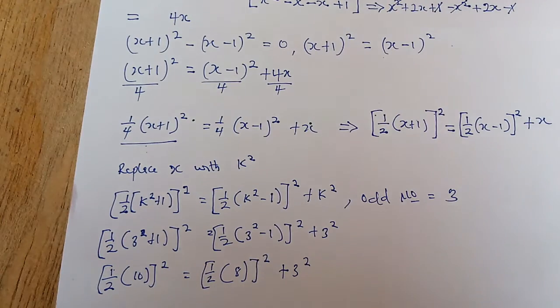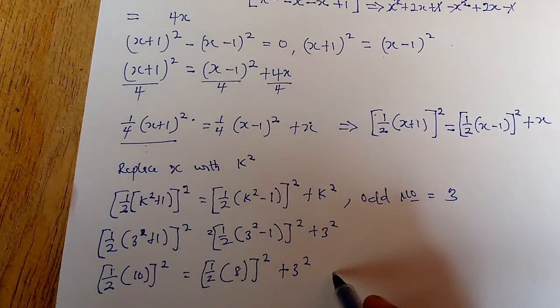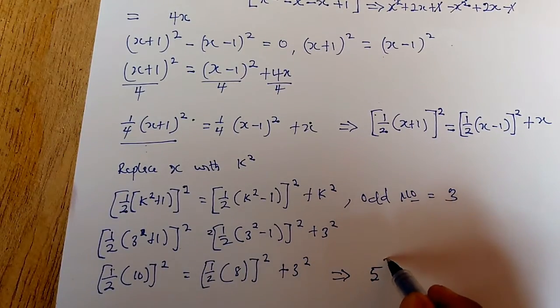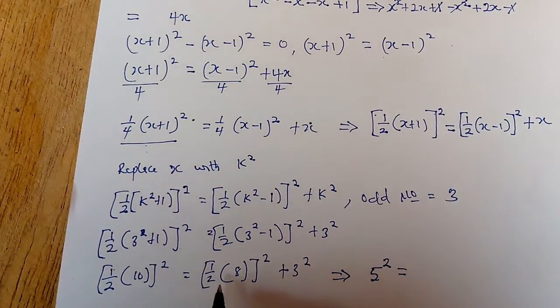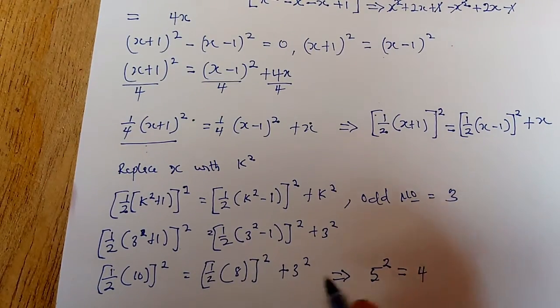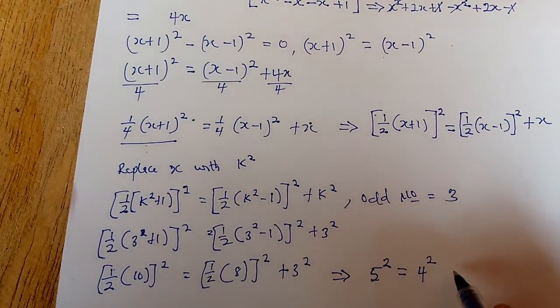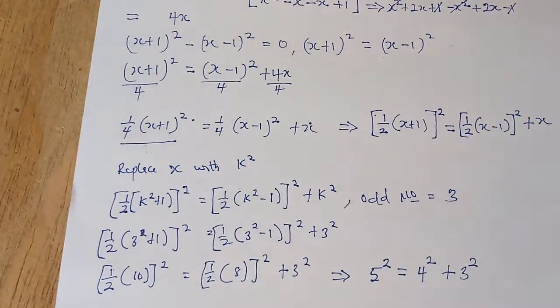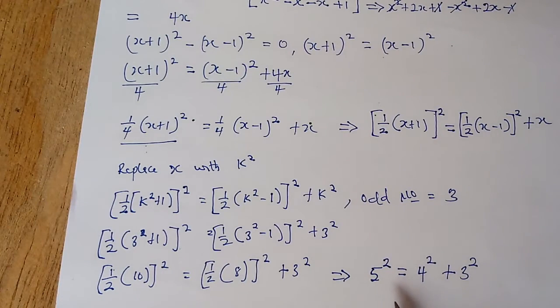Okay, so 10 divided by 2 will give me 5, so I now have 5 squared is equal to 8 divided by 2 will give me 4, so 4 squared plus 3 squared. So please, 5 squared is 25, 4 squared is 16, 3 squared is 9.